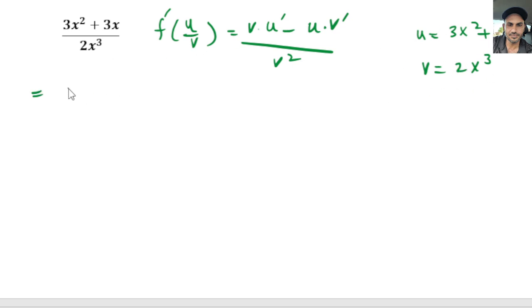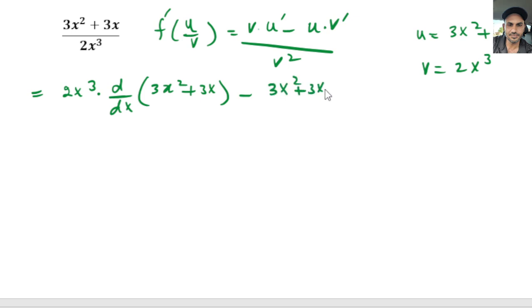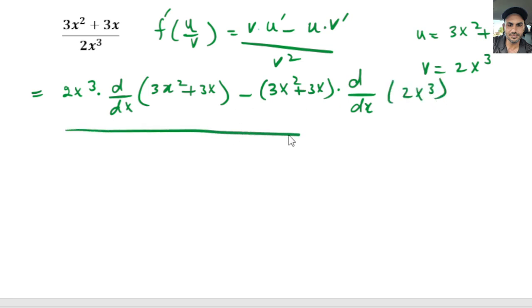Our v is 2x cubed times d over dx, the derivative of u, which is 3x squared plus 3x, minus then again u, 3x squared plus 3x, times d over dx of v, and v is 2x cubed, and everything divided by 2x cubed squared.